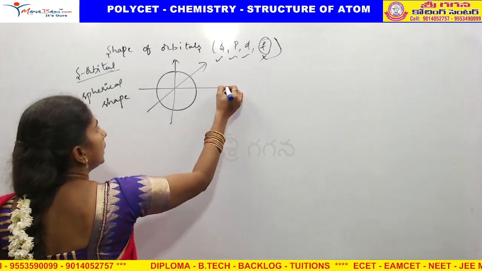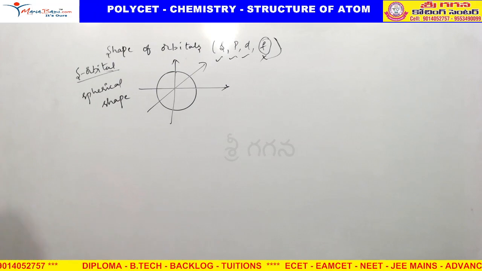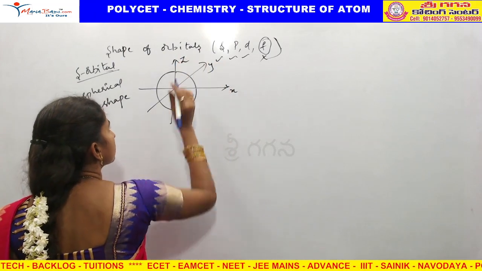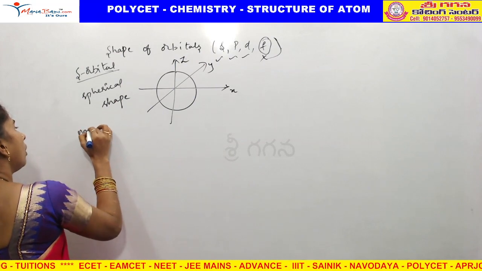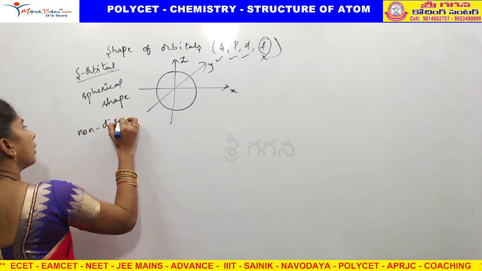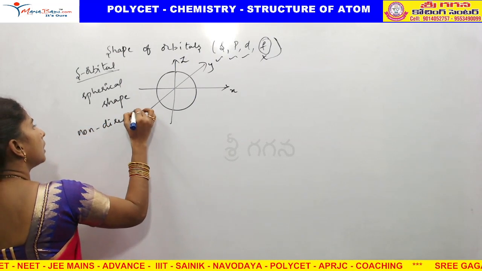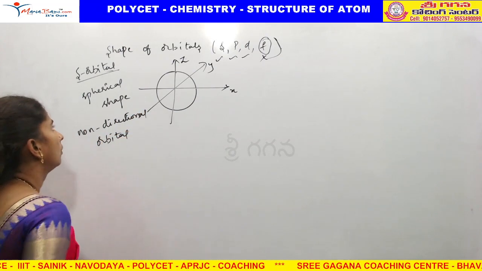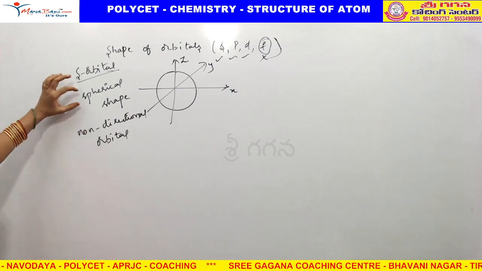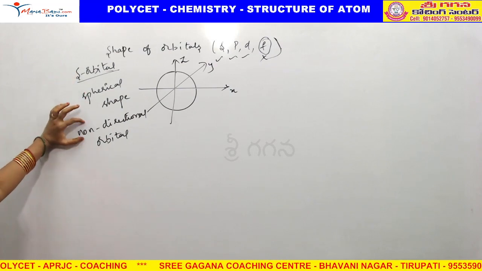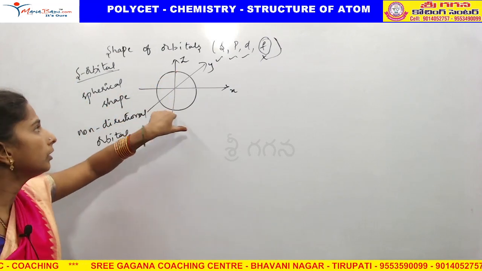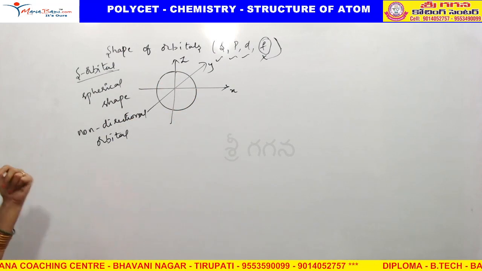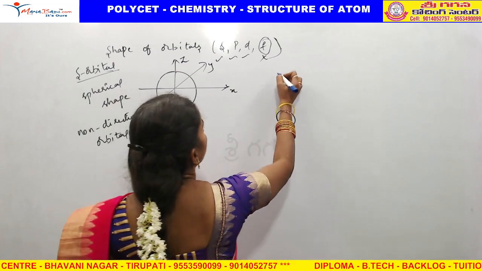If you take any axis, x-axis, y-axis, z-axis, it is spherical in shape, so it is a non-directional orbital. It does not have any particular direction.